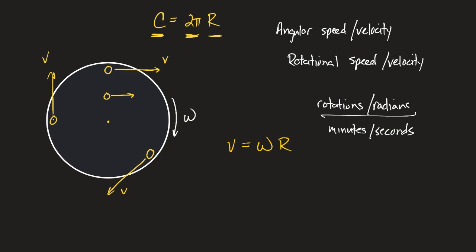It's true if we talk about linear speed. It's true if we talk about linear displacement. All of these are the same conversion. The linear displacement is a circumference when you go 2 pi radians times a radius.